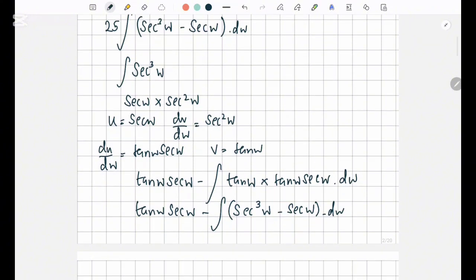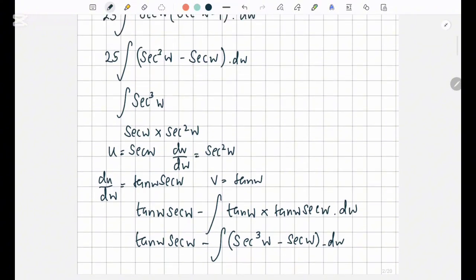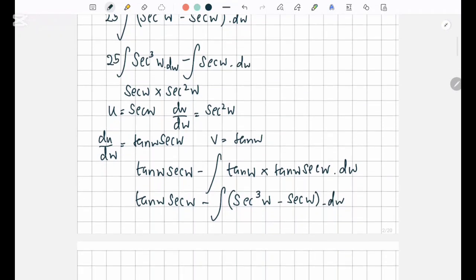But in the question previously we had minus sec w, right? So including this, we also had minus sec w, like this. Now don't get confused. If you guys have any doubts, please drop a comment. So just ignore the 25 for now.